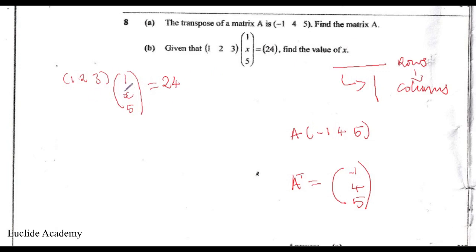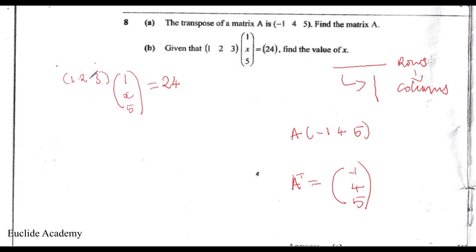So this is just matrix multiplication. And when you want to multiply matrices, we use the row by column method. The row of one matrix multiplied by the column of another matrix will give you one entry, a single number, in the new matrix.